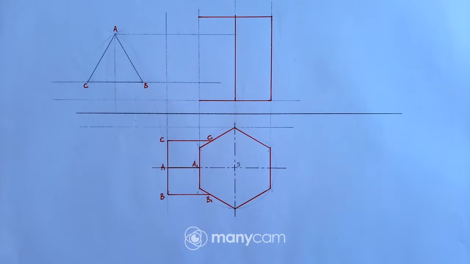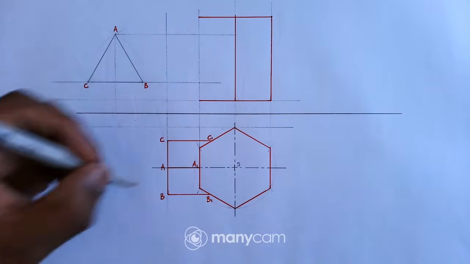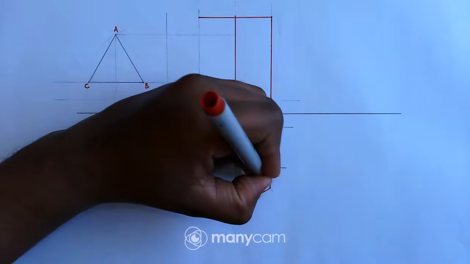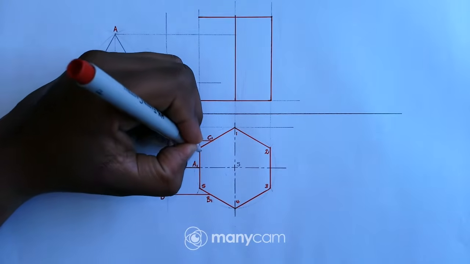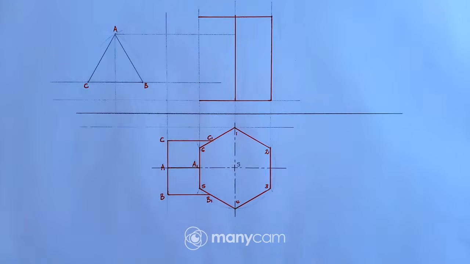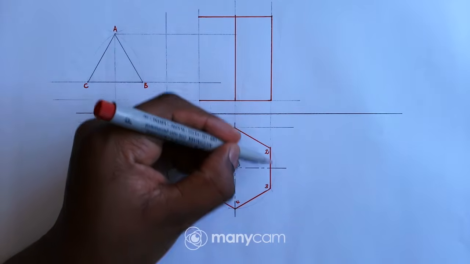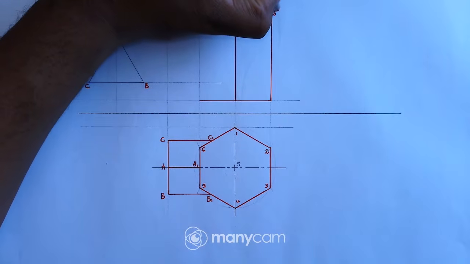Okay, and then I have to label the points on the hexagon. So I have point 1 there, 2, 3, 4, 5, and 6. Alright, so here we have 2 points on the same line, so that means I'll have 2 and 3 there.